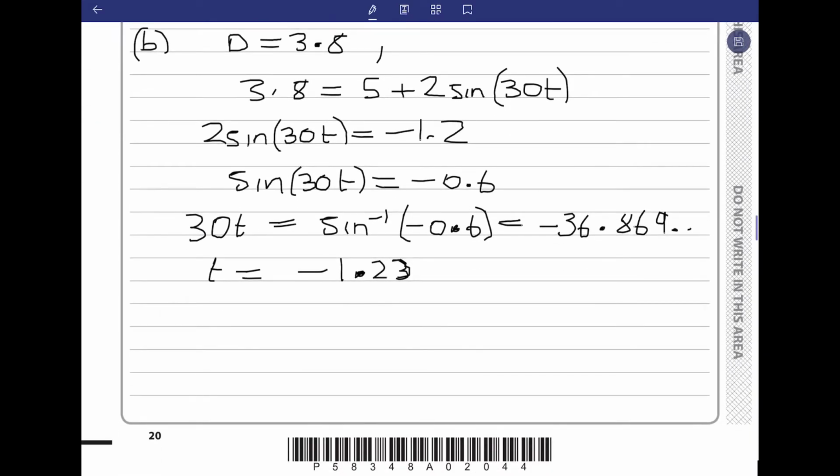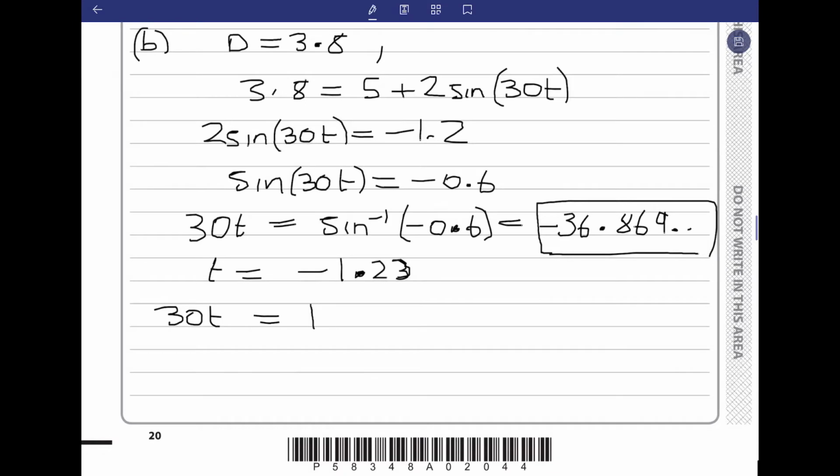So what we need to do, using what we know about trigonometric functions, is adjust this value. The first way we do this is we get 30t equals 180 minus this answer.